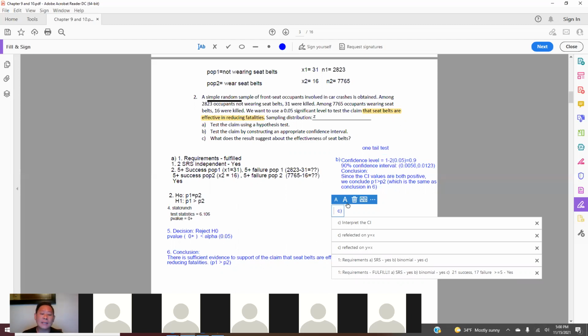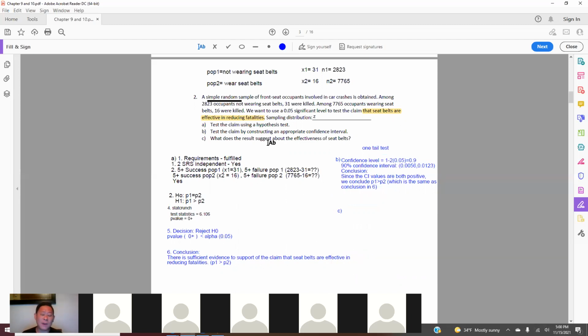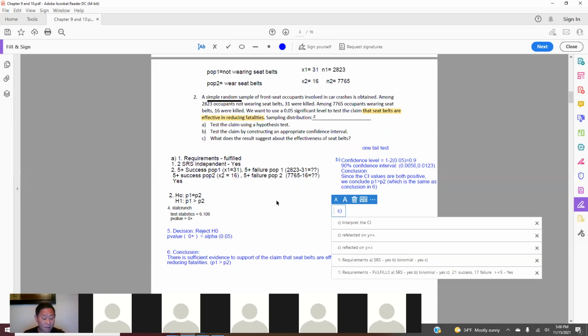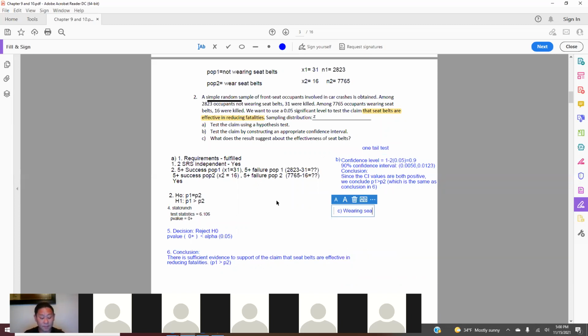Okay. C, what do you suggest about the effectiveness of seatbelts? What can you tell me about seatbelts here? Do they save life or do they not save life, wearing seatbelts? Are they reducing death or increasing death, or is it the same?